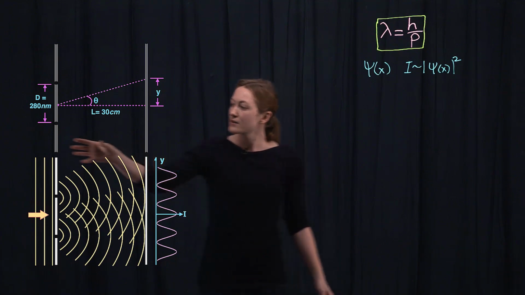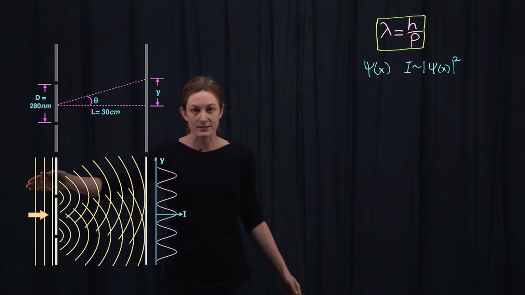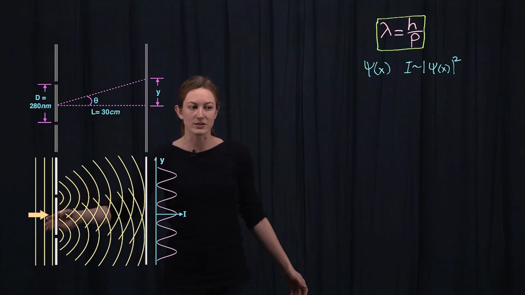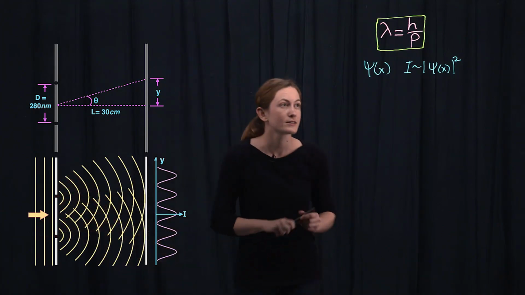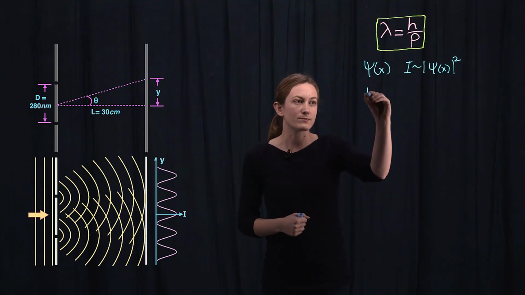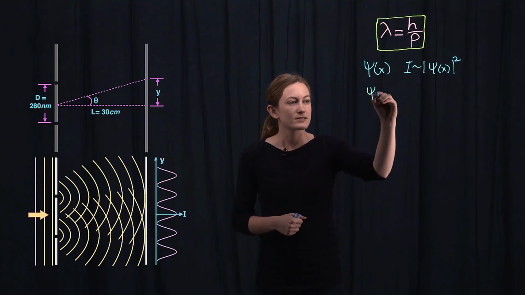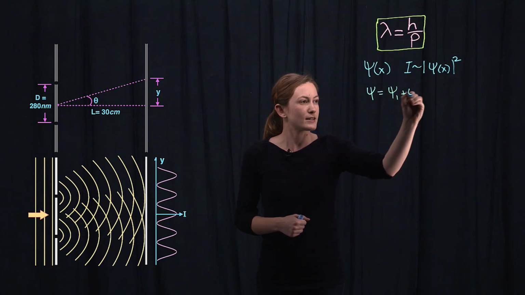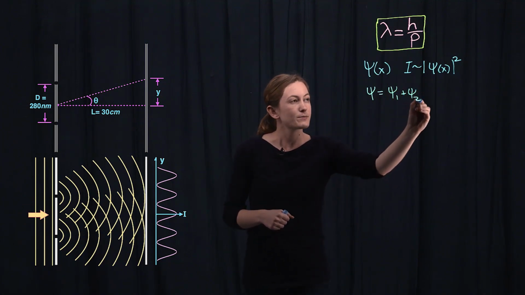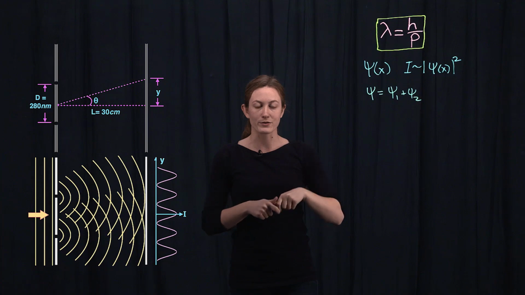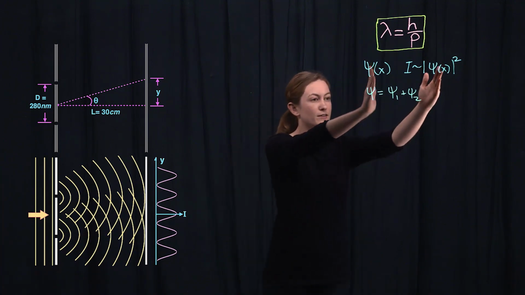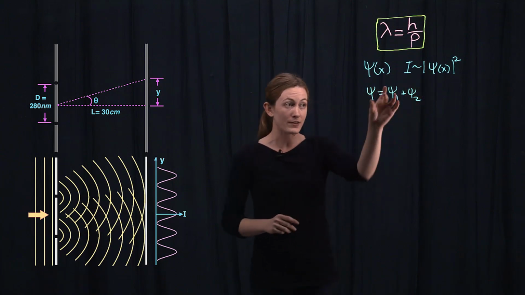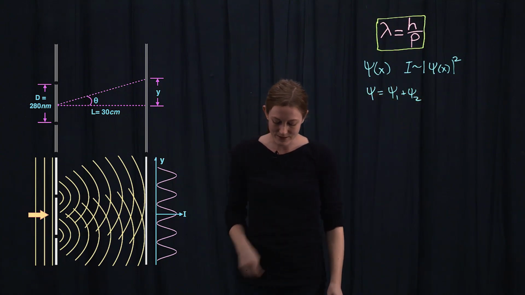Importantly, if we call the wave function that comes out of the first slit psi1 and the wave function corresponding to the wave at the second slit psi2, then the total wave function is given by the superposition principle: psi equals psi1 plus psi2. And the intensity profile for the wave associated to the electron goes like the absolute value squared of psi1 plus psi2, not their individual absolute value squareds.